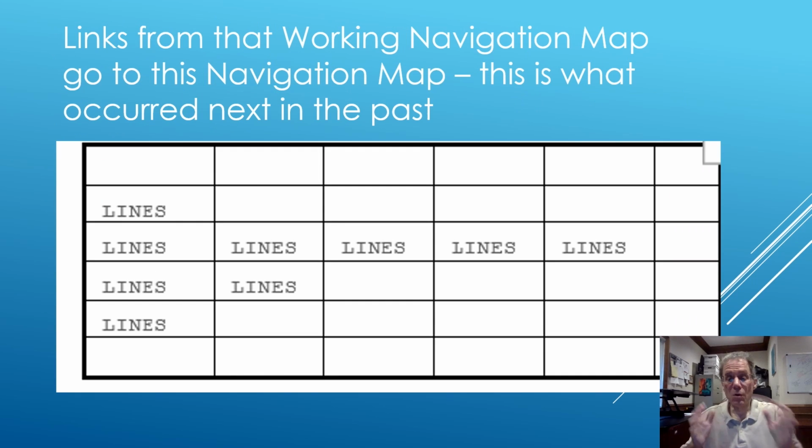And in the next equation, we follow the link that shows, in the past, what other map that working navigation map, WNM, linked to. And it links to this navigation map. And so this gets the current attention of the system.